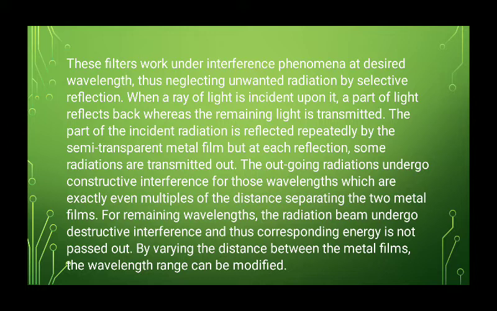The outgoing radiation undergoes constructive interference for those wavelengths which are exactly an even multiple of the distance separating the two metal films. For the remaining wavelengths, the radiation beam undergoes destructive interference and thus the corresponding energy is not passed out. By varying the distance between the metal films, the wavelength range can be modified.